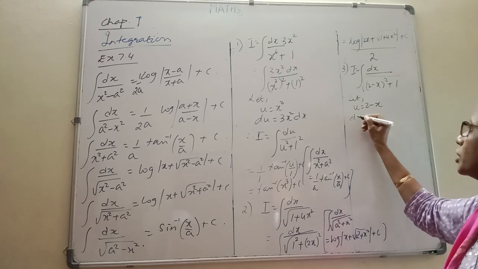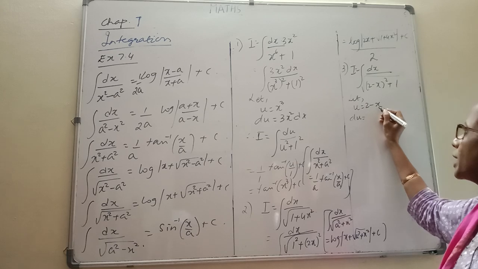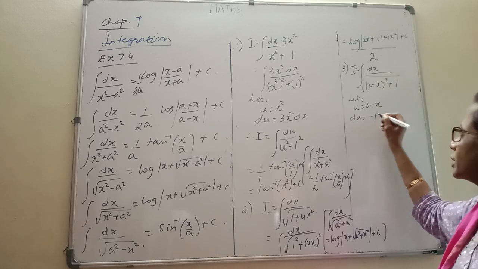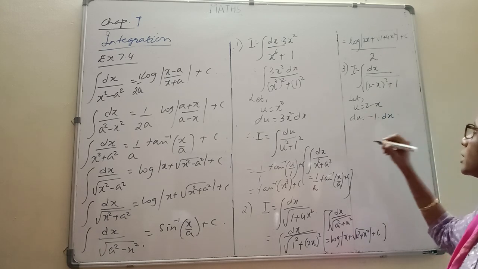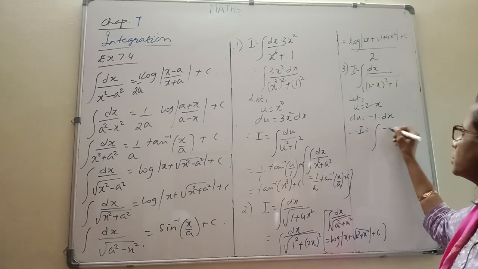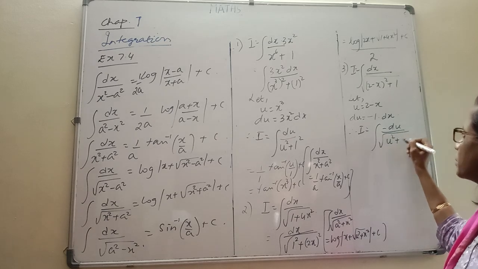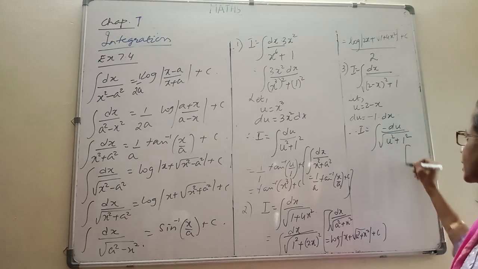So your du over dx is, derivative of 2 is none, derivative of minus x is minus 1. The dx will go, so minus 1 dx. So let's get the I now. I is going to be minus du over root of u squared plus 1. 1 can be written as 1 squared. So what category is it in?